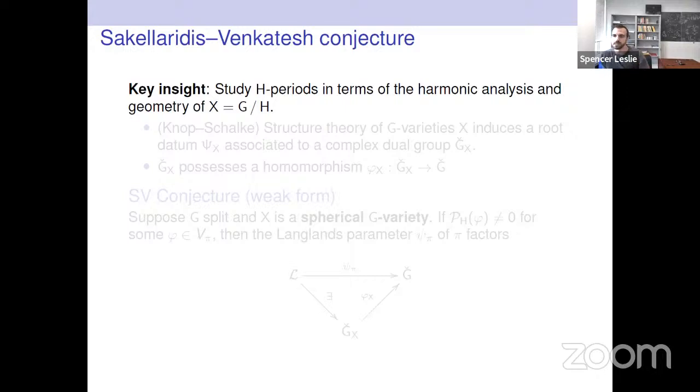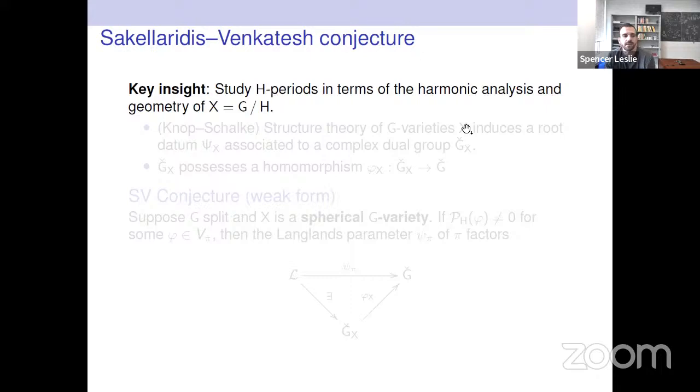But the key insight, which has spurred a lot of work in the last decade, is that it is fruitful to attack the study of these periods by considering the harmonic analysis and geometry of this variety X. So I'm taking the homogeneous variety G mod H, where H was my subgroup, but now I'm changing perspectives and studying this G-variety X. They tend to focus on special cases, but I'm not going to get into the technical details of spherical varieties until maybe a little later.